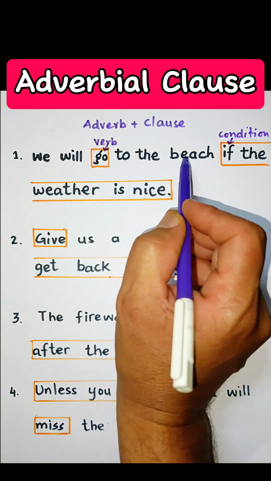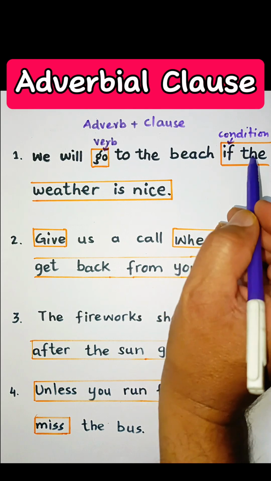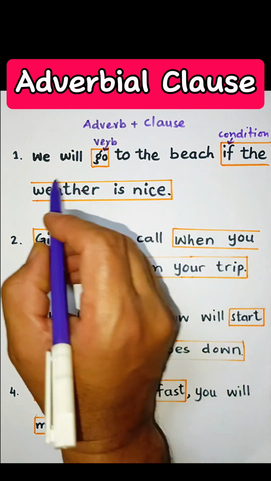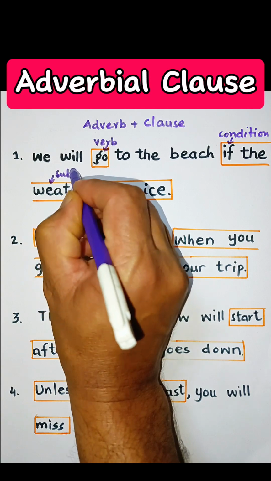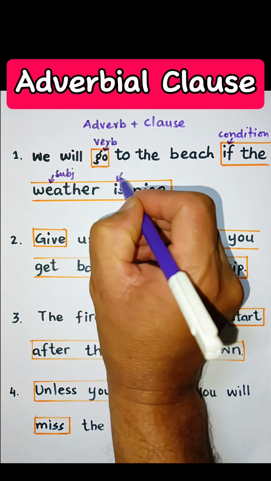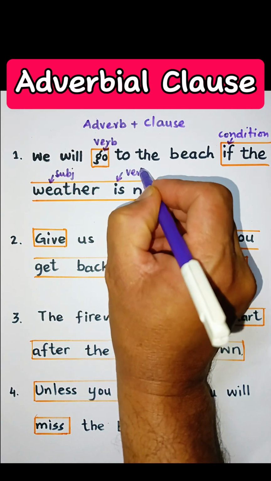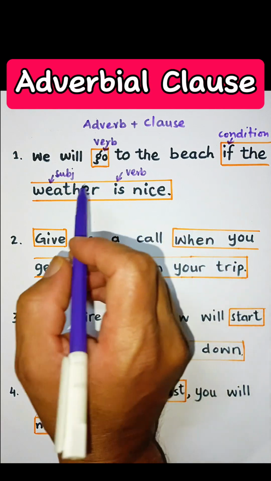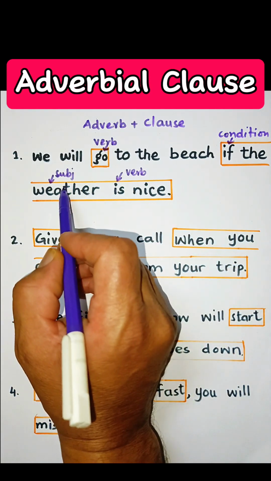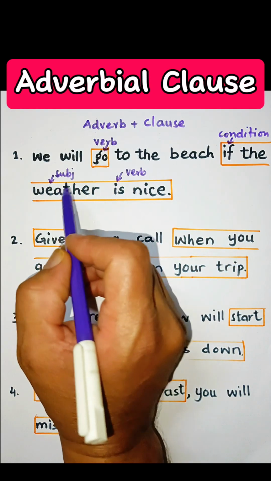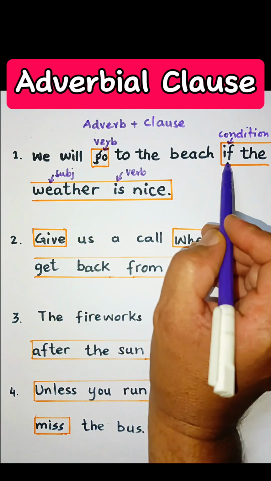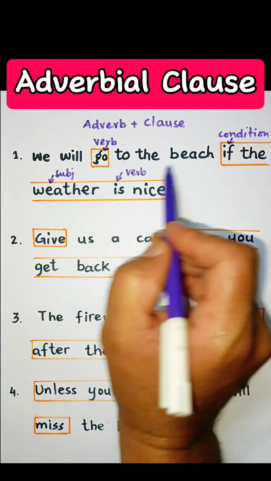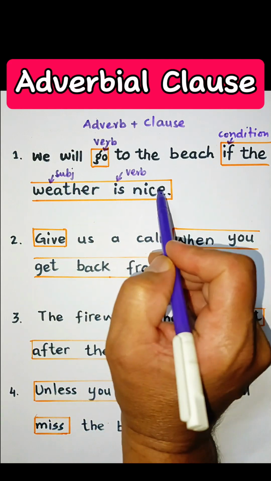We will go to the beach if the weather is nice. So you can see that this is a clause where weather is the subject and is over here is a verb. So it becomes a clause. Once it fulfills the prerequisite of a clause, we can say that this particular action is conditioned with the weather conditions.